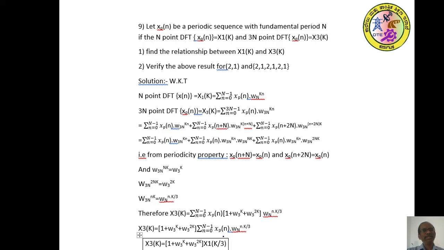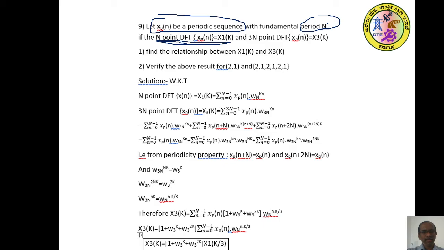Next problem. They have taken one periodic sequence xp of n of period N, and they have calculated the N point DFT to get the answer x1 of k. Carefully understand this. I had a periodic sequence. I have taken one cycle, maybe some 4 samples.